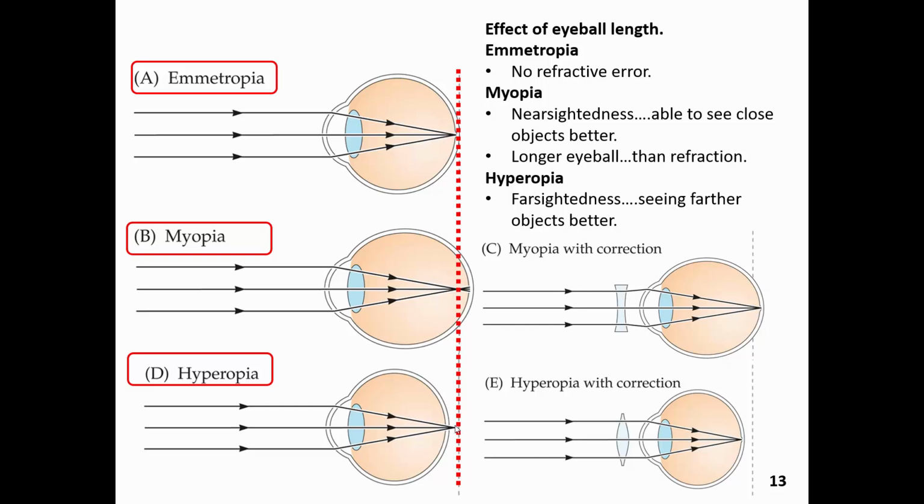So note that the optimal convergence without the corrective lenses are not focused on the retina, but the corrective lenses will take the naturally longer or the naturally shorter eyeball and make those light refractions converge to the point on the retina in both situations.